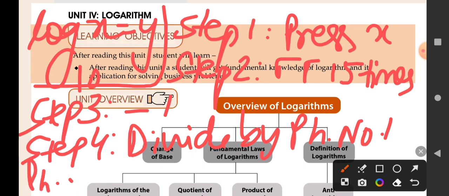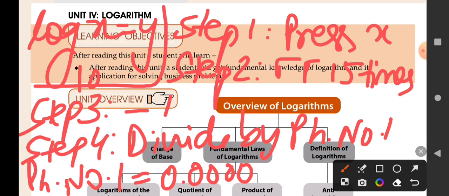So what is phone number 1 equal to? 0.000702724. So you can calculate the approximate value of log to the base 10 with this method.